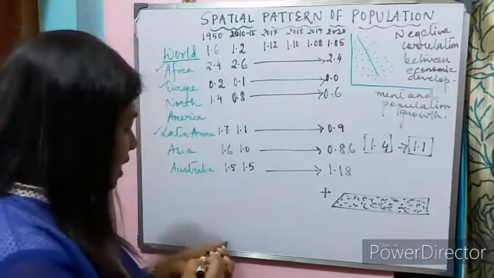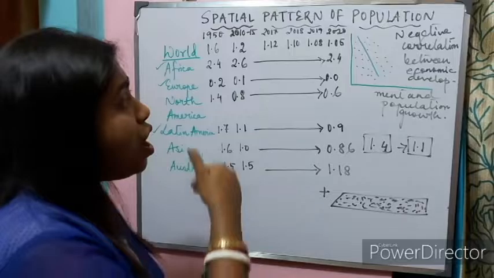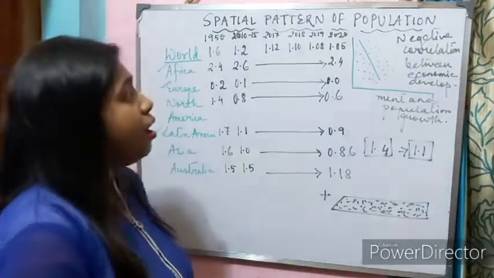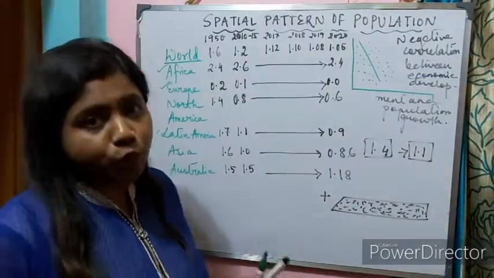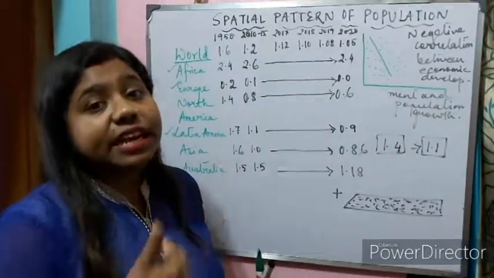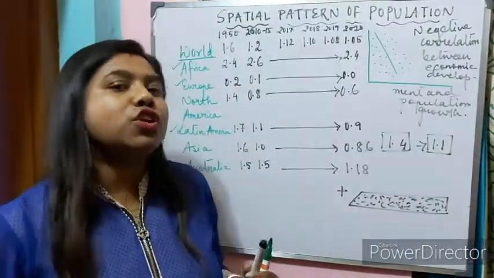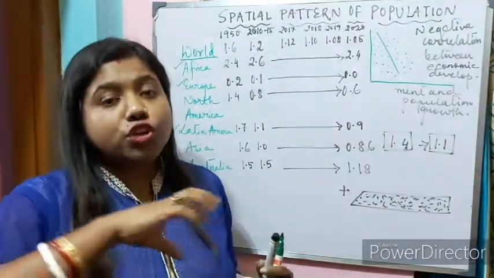Also, we will notice that in the developing countries, the growth rate of population is not reducing because here maybe the medical facilities have improved and the infant mortality rate has decreased, but it has led to more birth rate, because fewer children are dying.